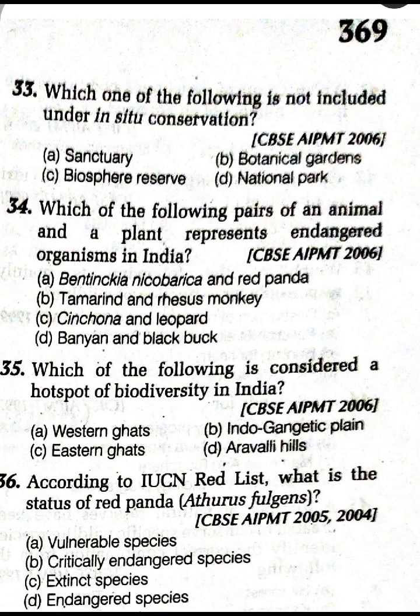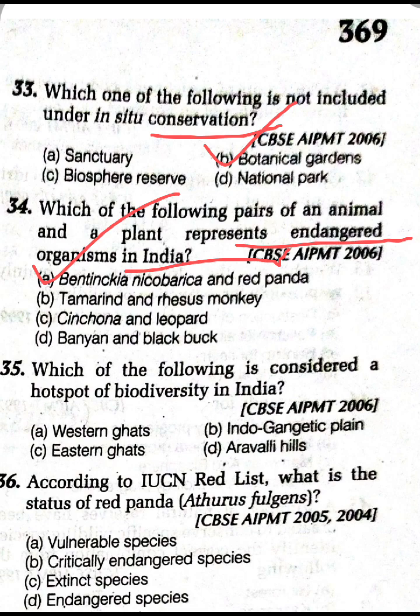Next is, which one of the following is not included under in situ conservation? So botanical garden, option number B, they are a form of ex situ conservation. Next is, which of the following pair of animal and a plant represent endangered organism in India? So it is option number A, Pentice nicobarica and red panda.